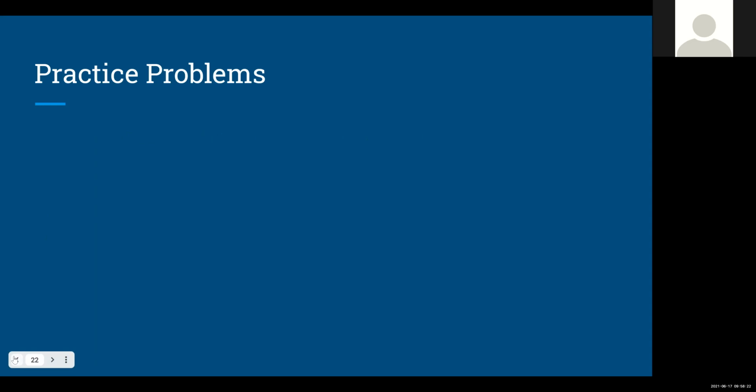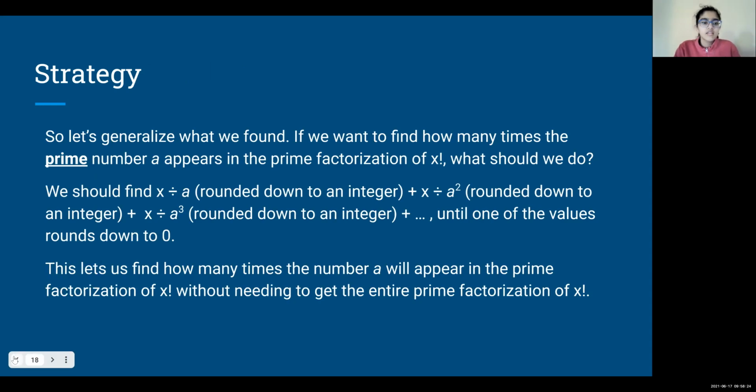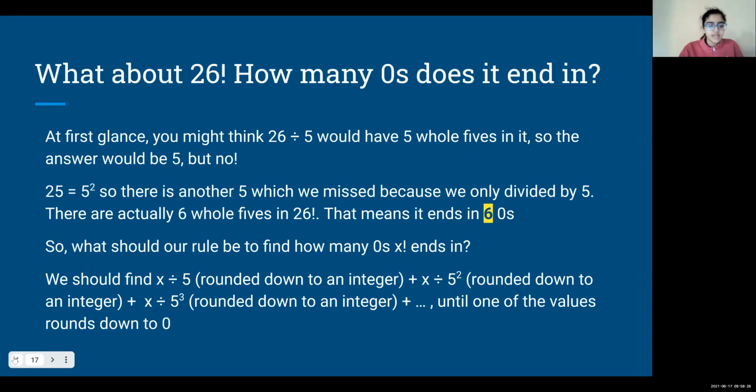Okay. So basically what Rashad meant was, when we're counting how many 5s, we do not want to count the 5s that we already counted. So we wouldn't do x divided by 5 plus x divided by 5, because that would be counting the things we've already counted. We would want to do x divided by 5 squared because we haven't counted that second 5 in the multiples of 5 squared.